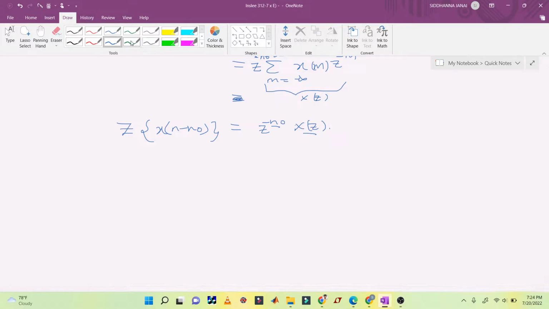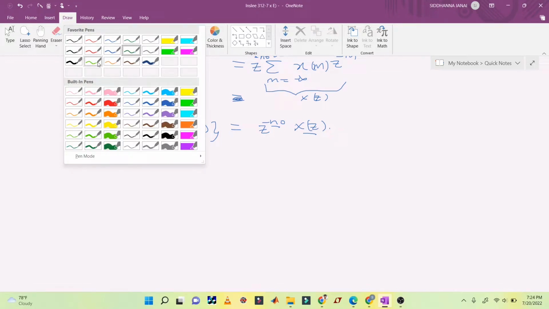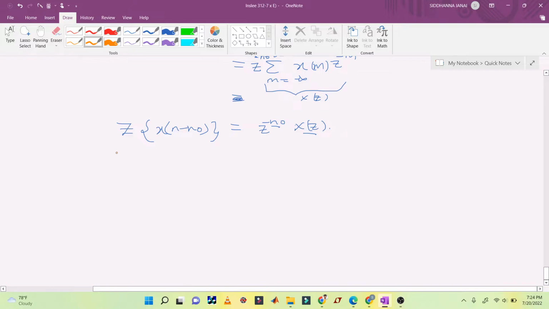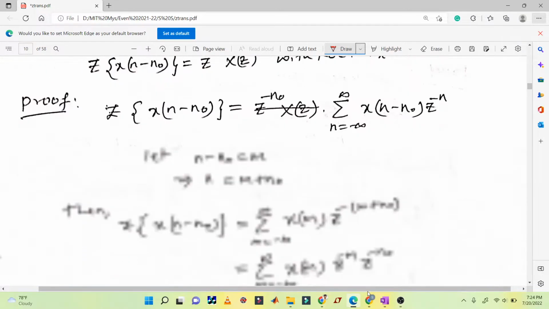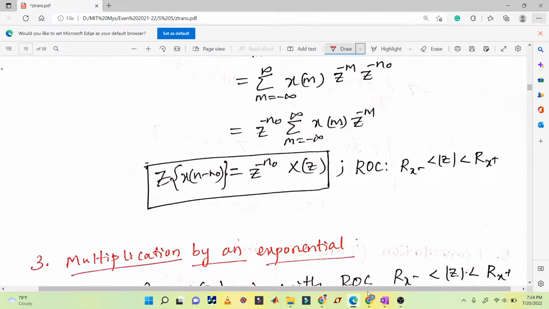Is that clear? Any doubt regarding this? Please let me know if you have any doubt. This is about the time shifting property.